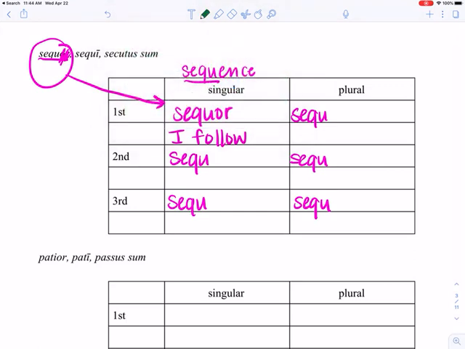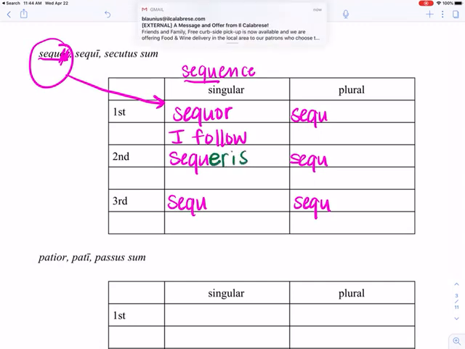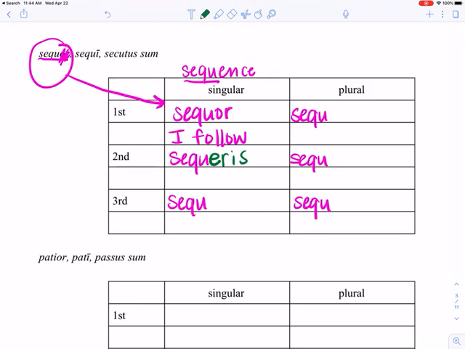Now, this is where we're going into adding those things that are in the parentheses. So we need to add the E for second singular before we add ris. So you have sequeris, and so this is you follow. Third singular is sequitur. And so this is he, she, or it follows.